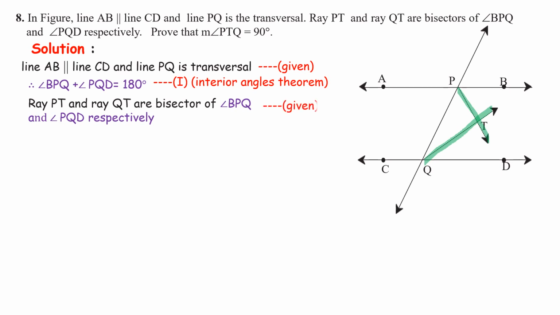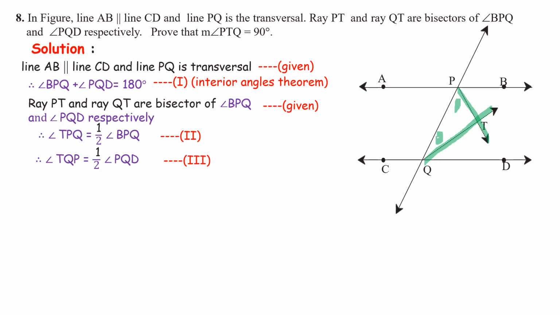Given. Therefore, angle TPQ, meaning this angle, is half of angle BPQ, and this is statement number 2. Now 3, that is angle TQP. Angle TQP is half of angle PQD. This is statement number 3.